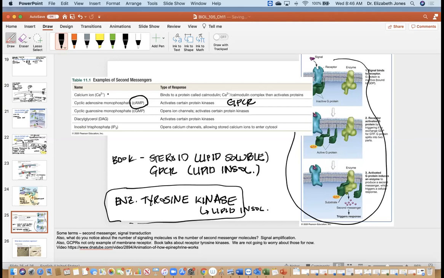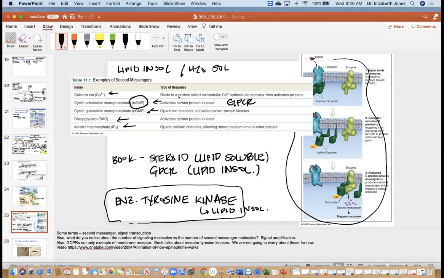And different types of receptors create different second messenger systems. So I just wanted to point out to you that there are other second messenger systems that you'll learn about in other classes, maybe if you take biochemistry or if you go on to graduate school, okay? But one thing to point out is that these second messengers only occur when you have a lipid insoluble or a water soluble system.